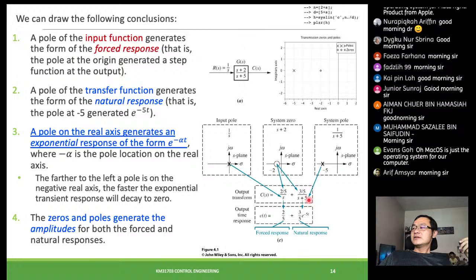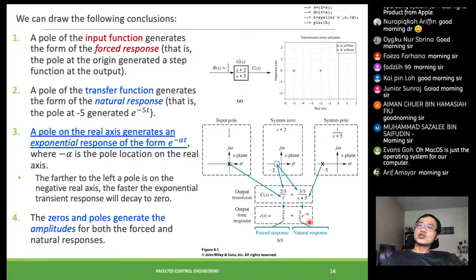So we can break them into two parts, and we can now see how this pole and zero, when they combine together, will affect our response. The input pole will affect the forced response, whereas the system pole will affect our natural response.